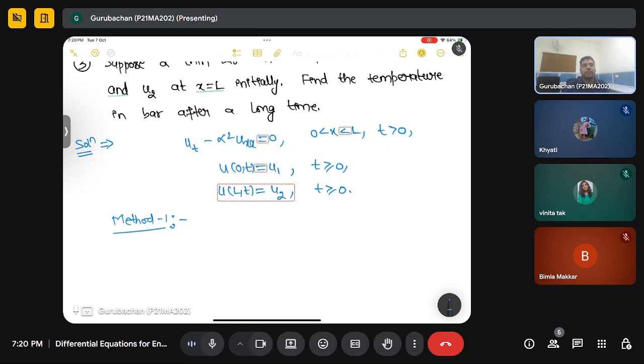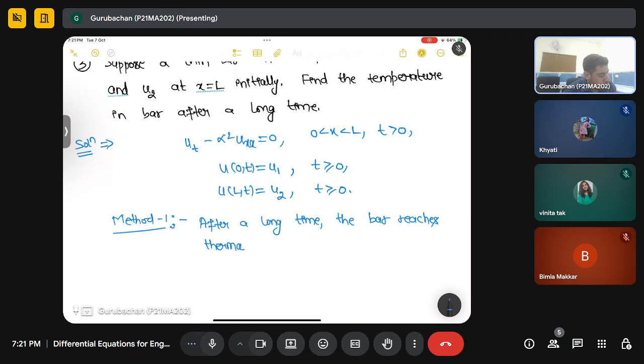After a long time, the bar reaches thermal equilibrium.